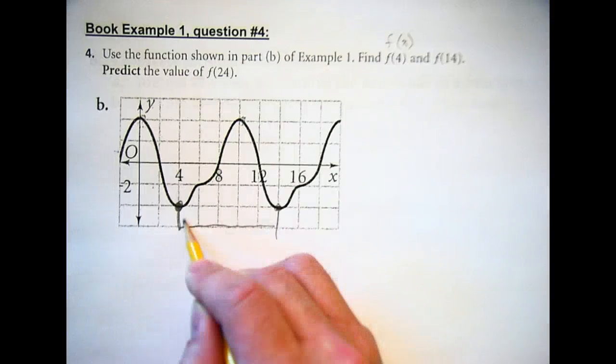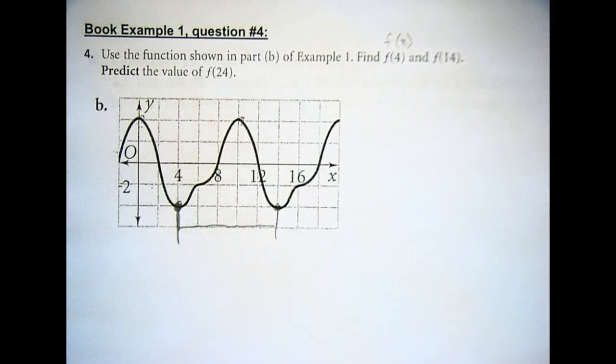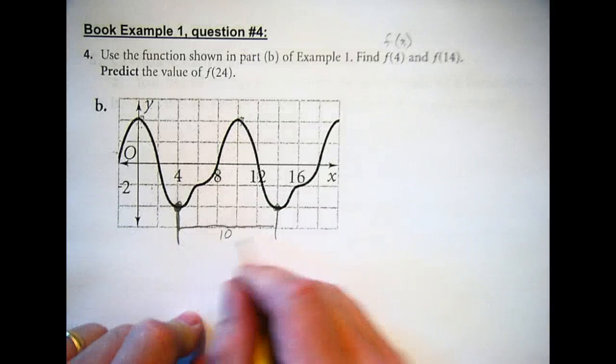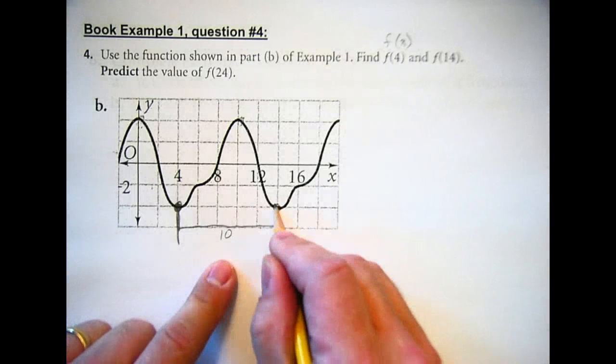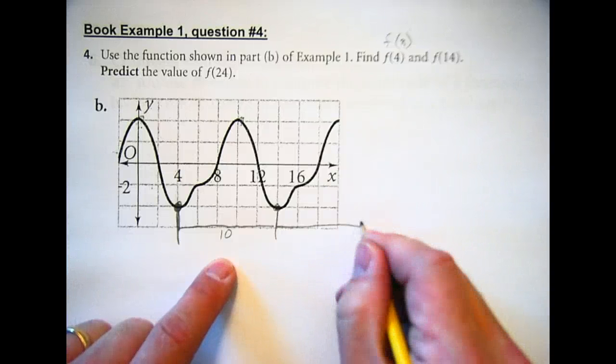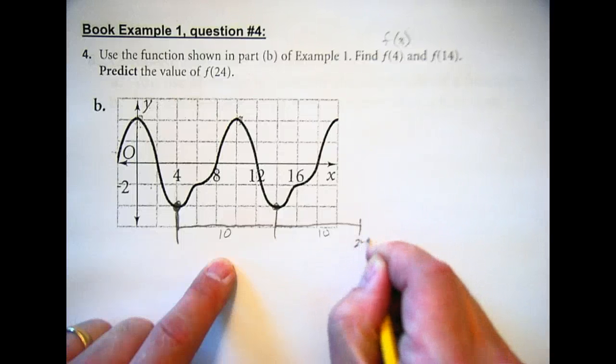A cycle. It's called a cycle. And the distance of that cycle is called a period. So the period has a length of 10. Okay? Period has a length of 10. So we're going to hit that minimum again at 24. All right? So out here, that would be 24.